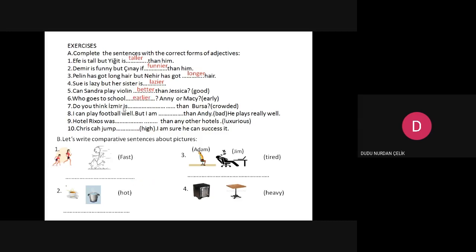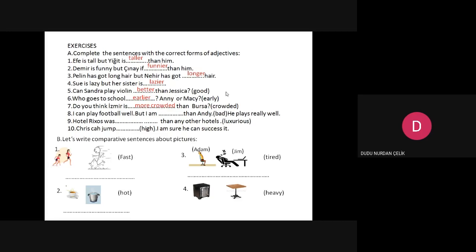Do you think Izmir is than Bursa? We're comparing Bursa and Izmir, two cities, with the adjective crowded. Crowded is a long word in syllables. Be careful. Yes, and we say, very good, more crowded.